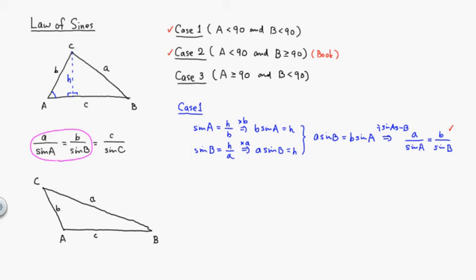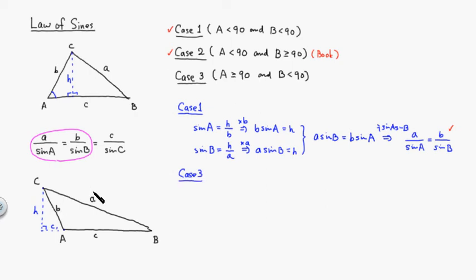So what I'm going to do is draw an altitude here. This is 90 degrees. I'm going to call this H, and call this C1 if we need it. So we're looking at case 3.